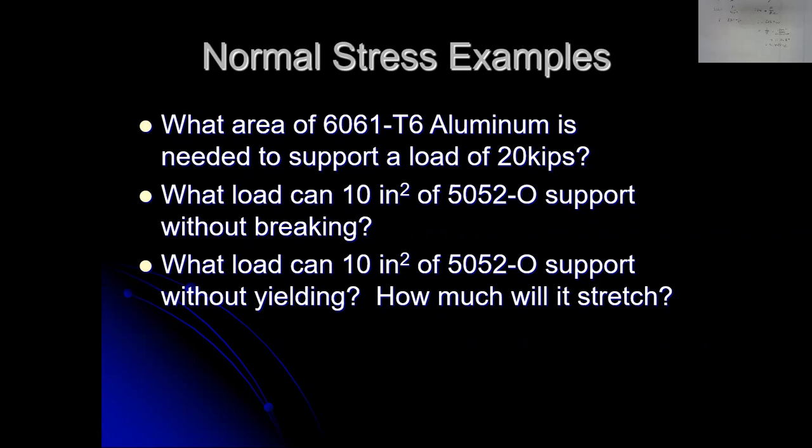It wouldn't be modeled anymore by a nice linear equation. So only when we're below yield and, strictly speaking, below the proportional limit can we actually use Young's modulus to figure out strain. But we'll assume we're below the proportional limit there.